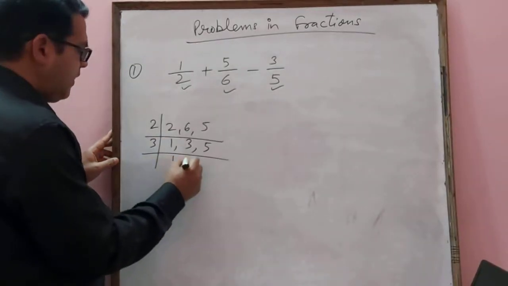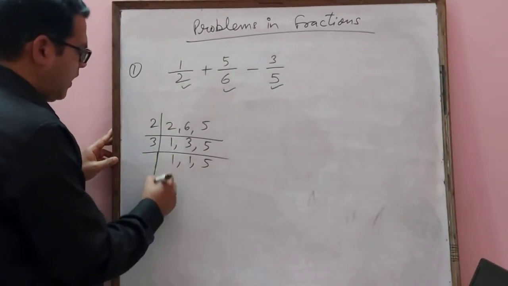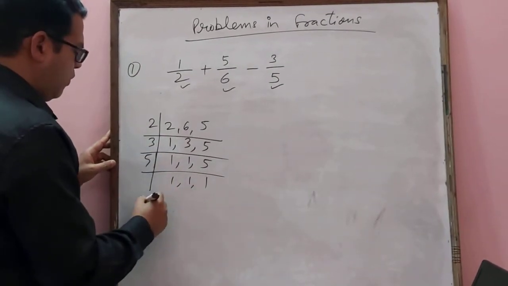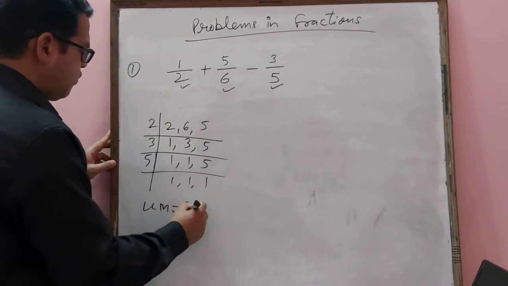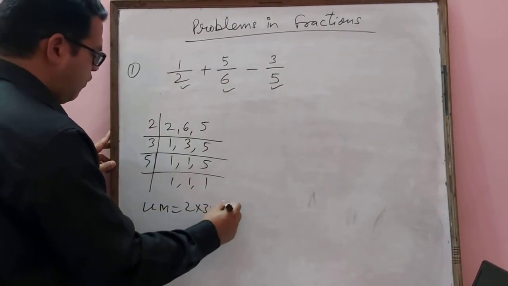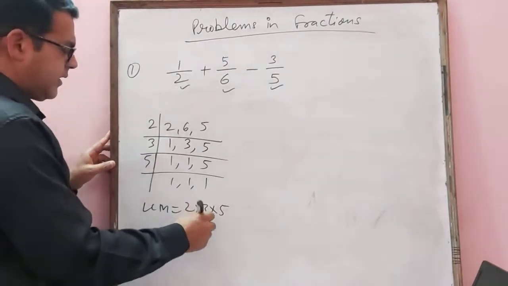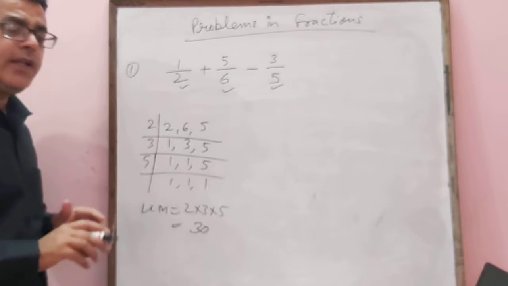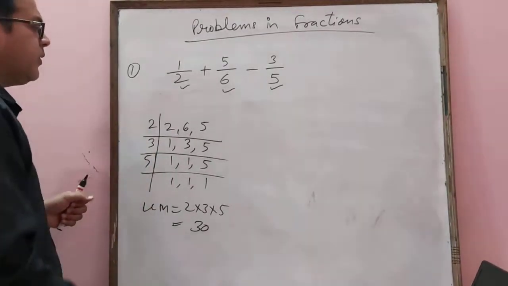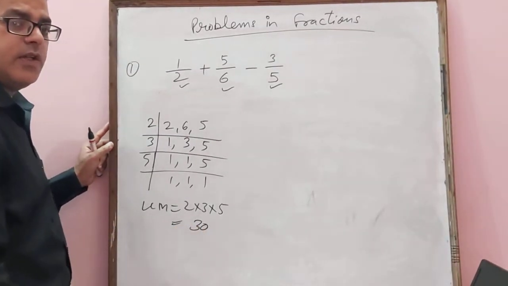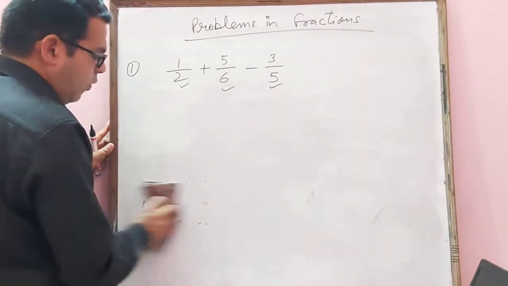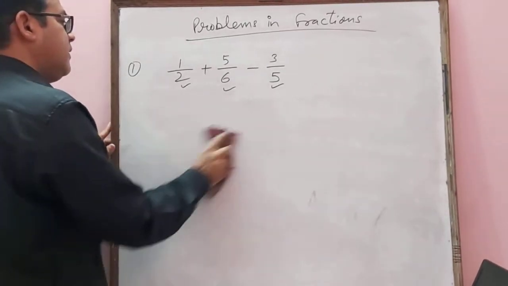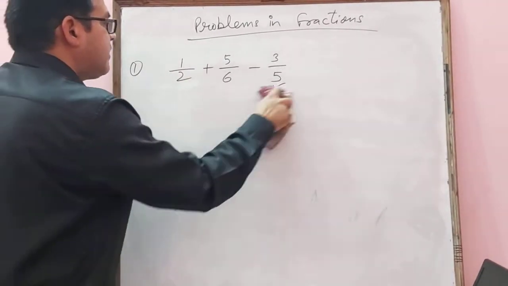Now by 3, 3 comes here, 1 comes here. Now by 5, 1, 1 and 1. So what is the LCM? LCM is 2 into 3 into 5. 2 3s are 6, 6 5s are 30. So 30 is the LCM of 2, 6 and 5. I think you all know how to find LCM; we have already discussed it. So LCM is 30.